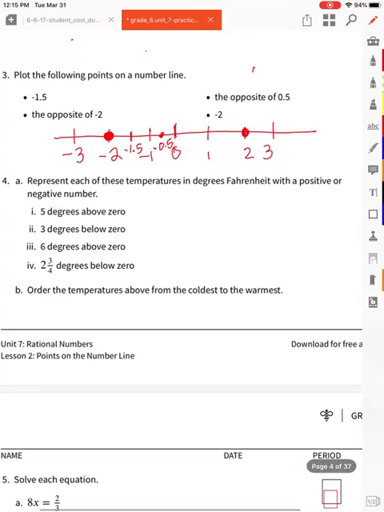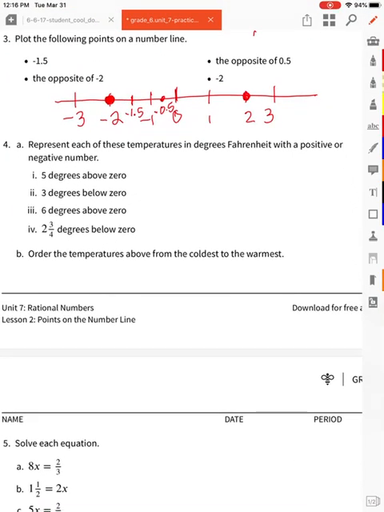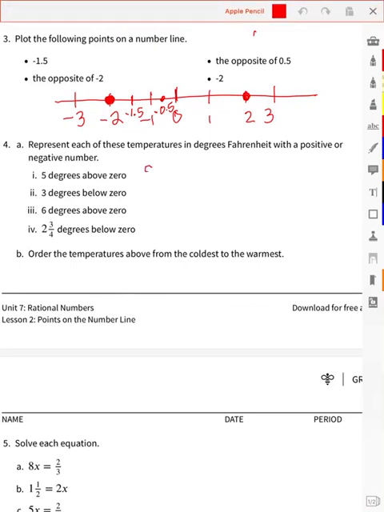Okay, for number 4, represent each of these temperatures in degrees Fahrenheit with a positive or negative number. So 5 degrees above 0 is a positive number. 3 degrees below 0 would be a -3 degrees. 6 degrees above 0 is positive, and -2 3/4 because it's below.